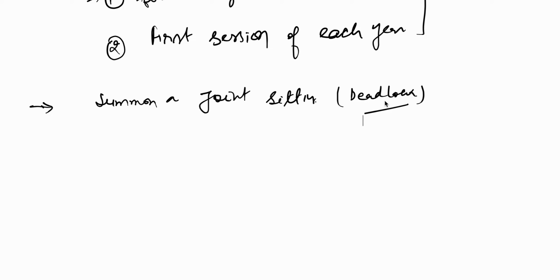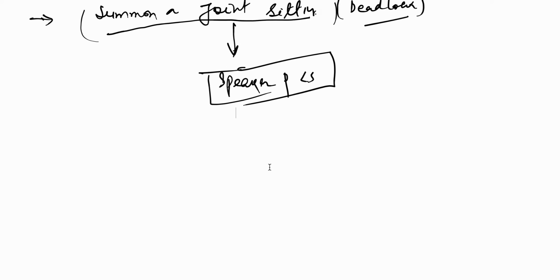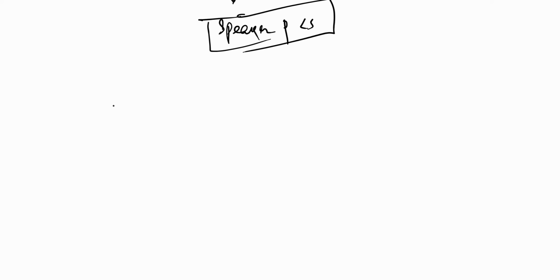They are not agreeing on the same thing. Then the president will summon a joint sitting, that okay, come together and remove this deadlock. This joint sitting will be presided over by the Speaker of Lok Sabha. This much you know for now. The detail you'll get when we do parliament.